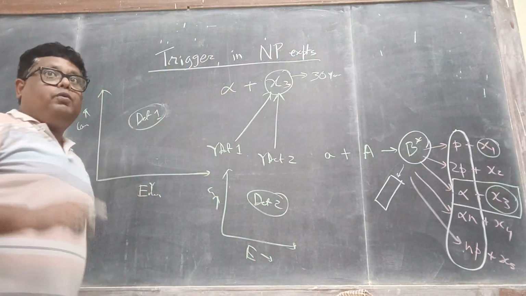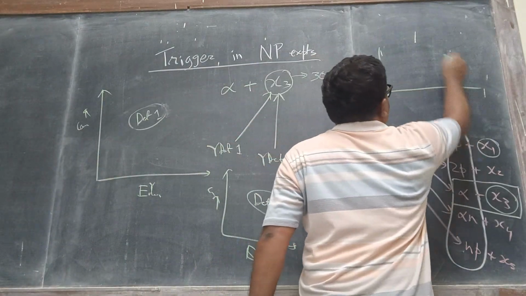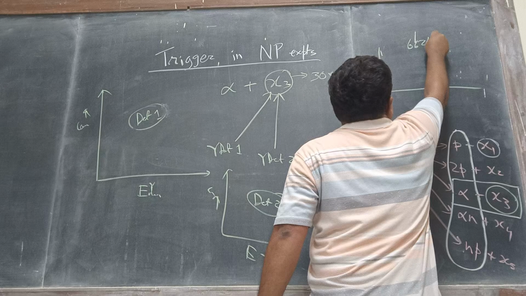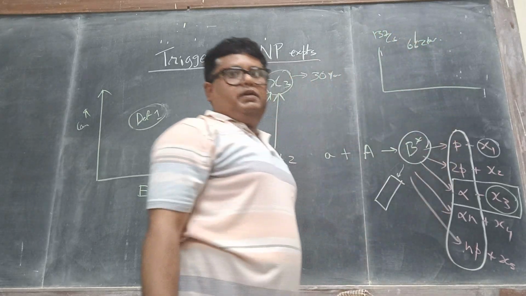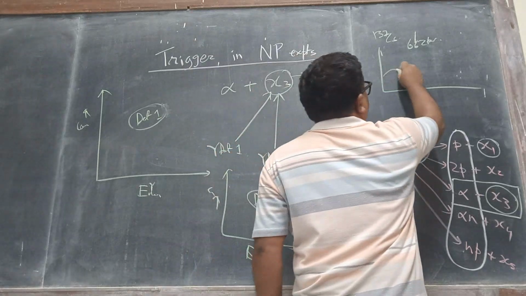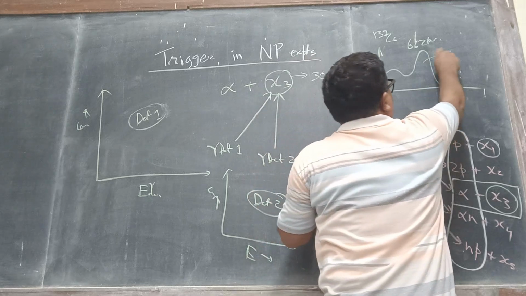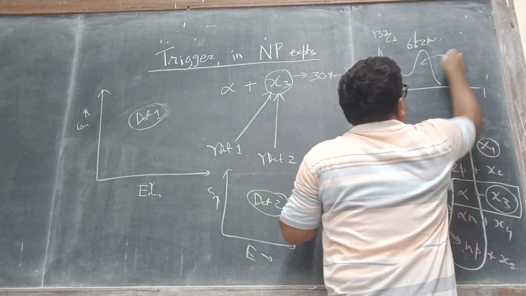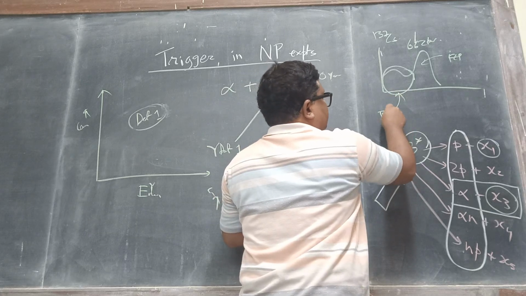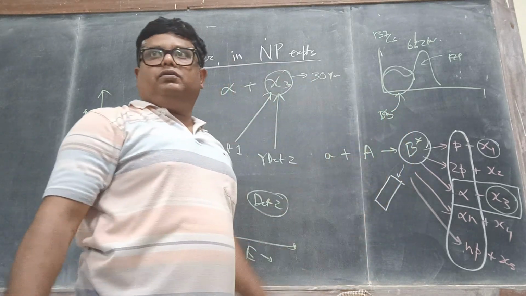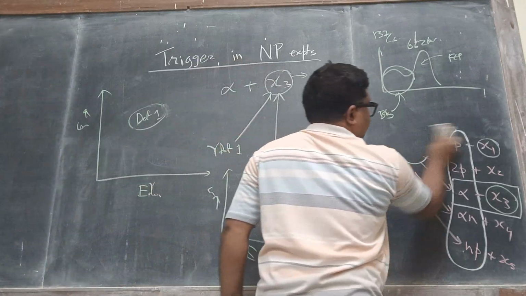One of the reasons is, you must remember the 662 spectrum of cesium-137. When we do the experiment, this is the typical structure. This is the full energy peak. What is this? This is the background, remember? Let me rub this part.